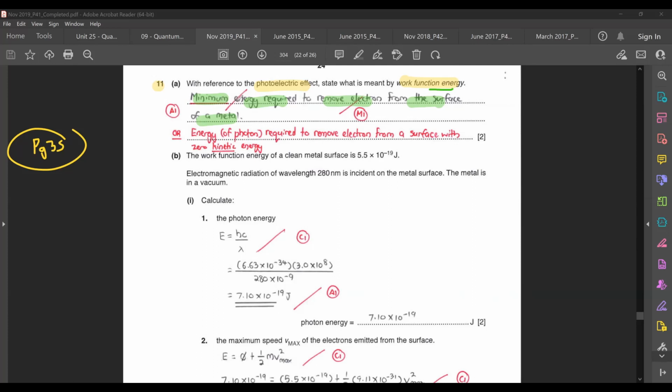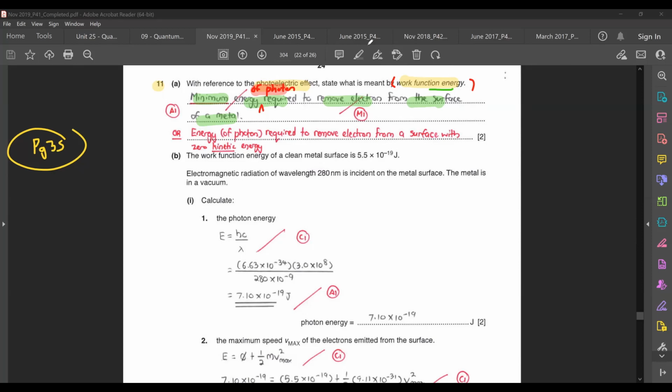Instead of saying minimum energy required to remove an electron from the surface of a metal, the subsequent marking schemes in later years require you to say minimum energy of a photon required to remove an electron from the metal surface. In the subsequent years when they ask you to define work function energy, they for some reason needed you to write minimum energy of a photon, not just minimum energy. They want you to be a bit more specific here.